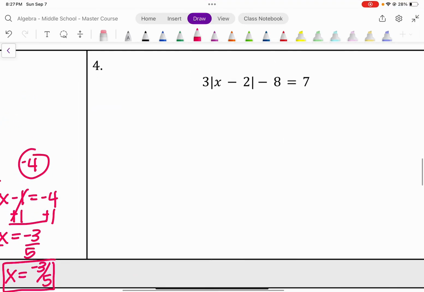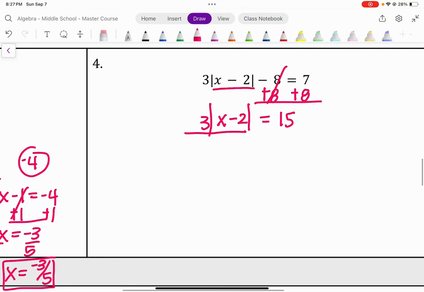Now again, our absolute value is getting multiplied by 3, so we're first going to get rid of the negative 8 with adding 7. So 3 times the absolute value of x minus 2 equals 15. And then we still have to isolate absolute value, so we'll divide both sides by 3. So x minus 2 equals 5.